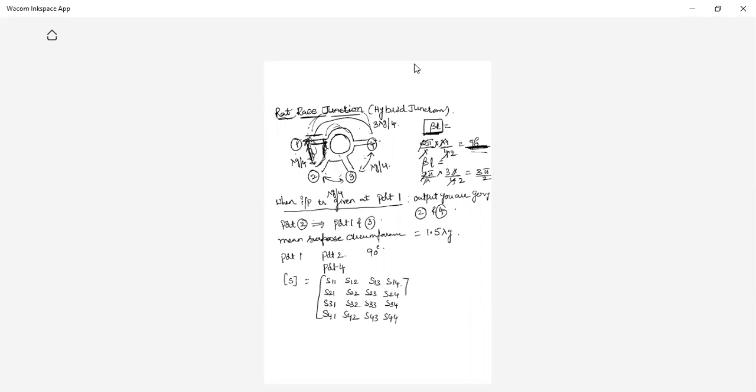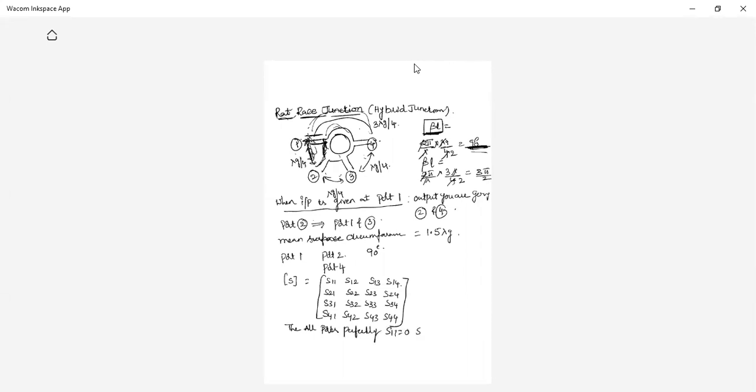We are assuming that all the ports are perfectly matched. If all ports are perfectly matched, what is the equation I can write?